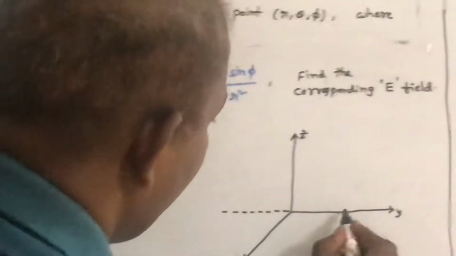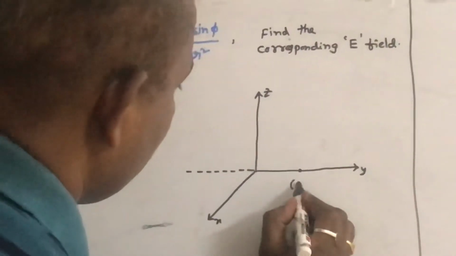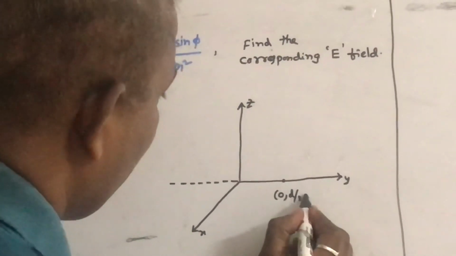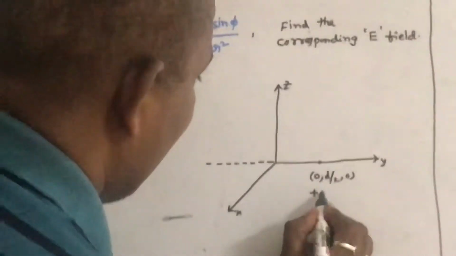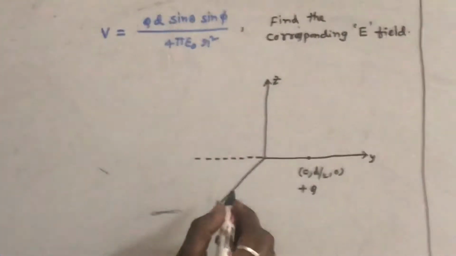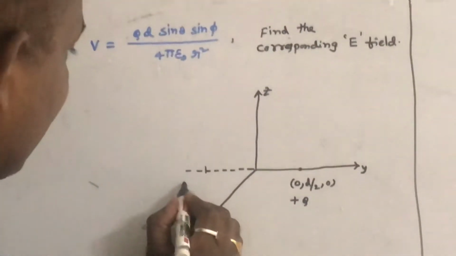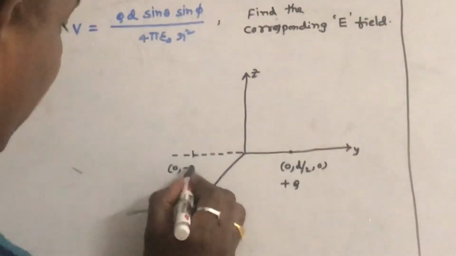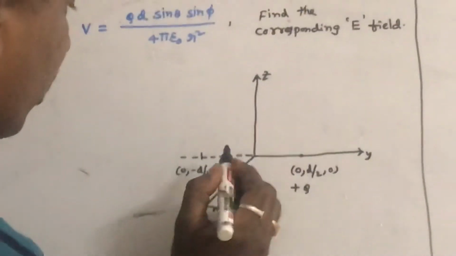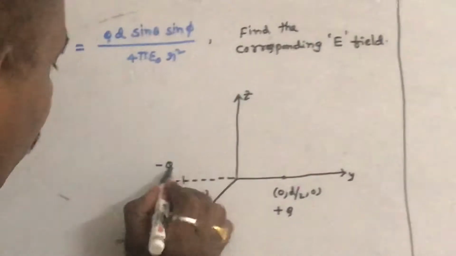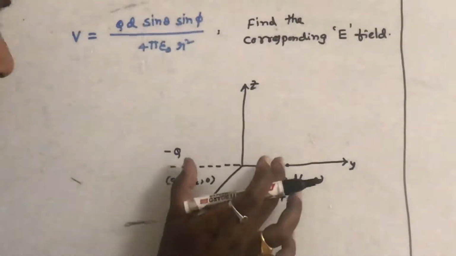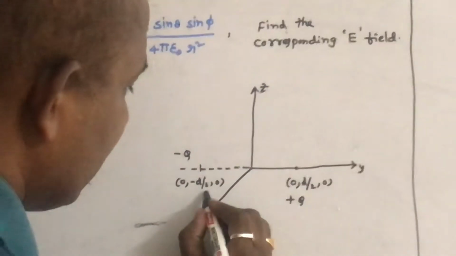Therefore at (0, d/2, 0) there is a charge of +q, and at point (0, -d/2, 0) there is another charge of -q. So this is the dipole.